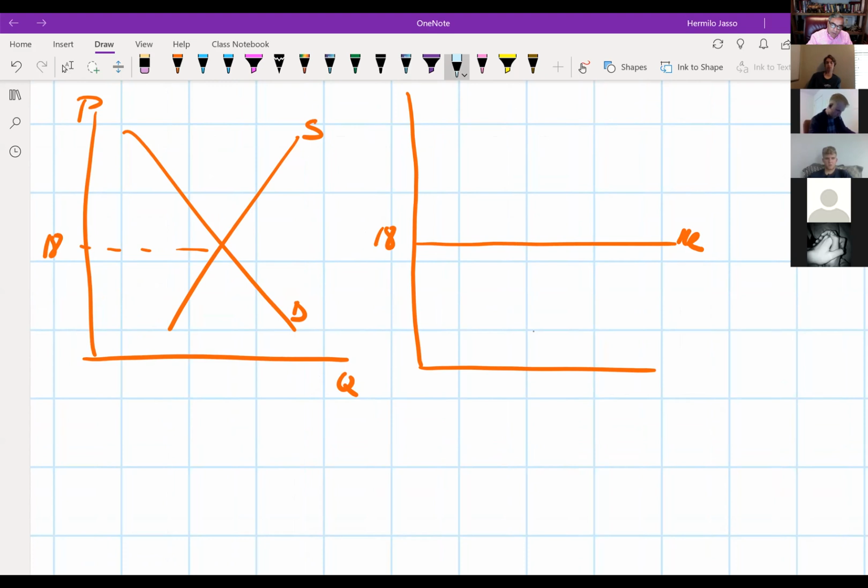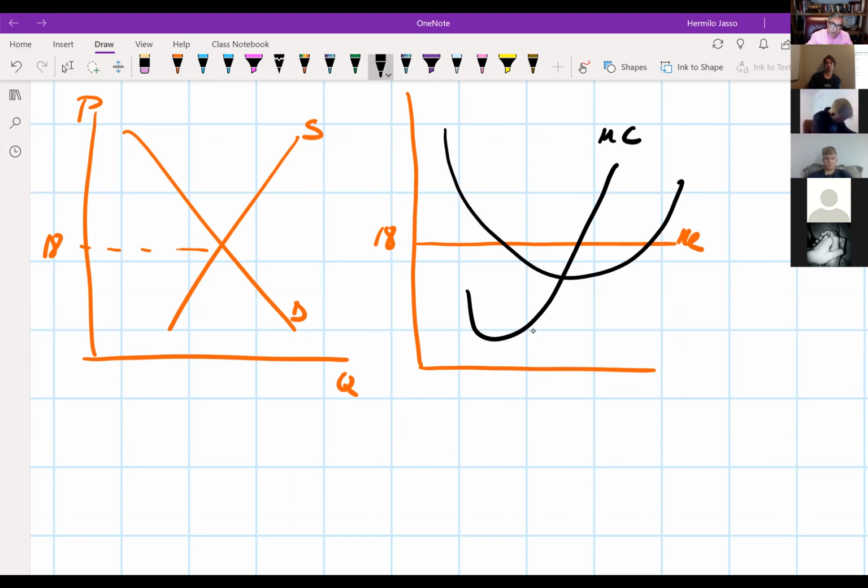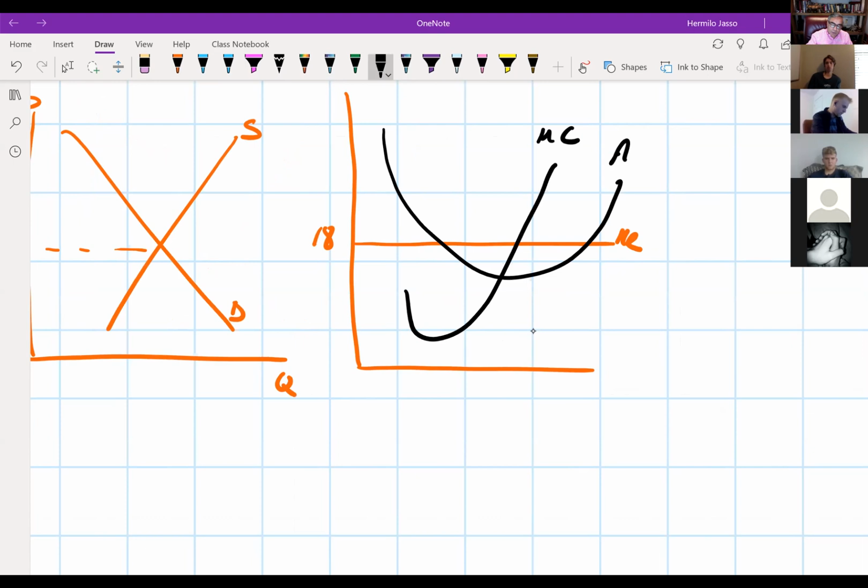So now this is the cost structure that you have. Let me go right here. This is your marginal cost. This is your average total cost. You're going to stop producing where marginal cost equals marginal revenue.